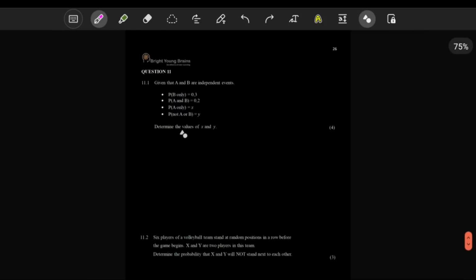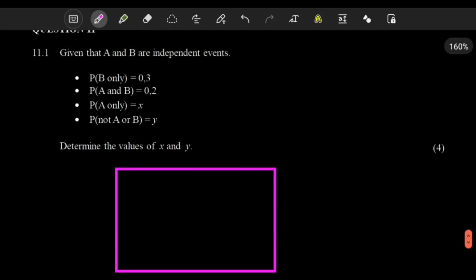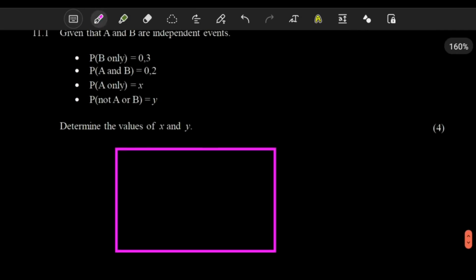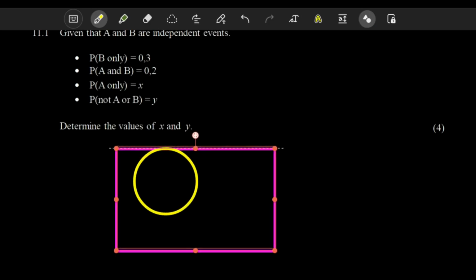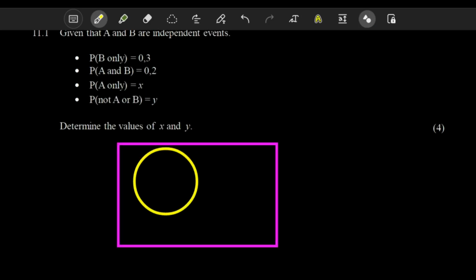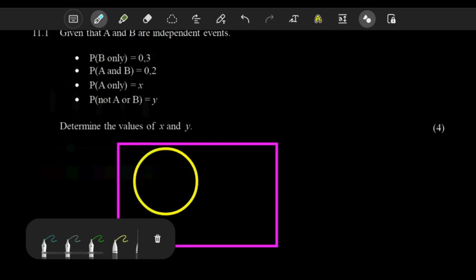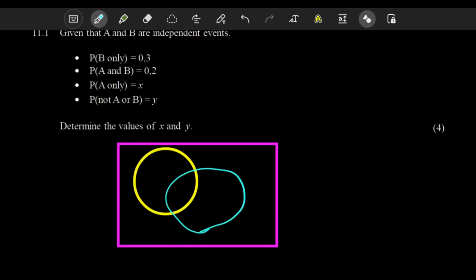So even me, let me see here if I can draw a Venn diagram. So this Venn diagram here, clearly we can see that we're going to have two events. We're going to have event A over here, and then event B over here.